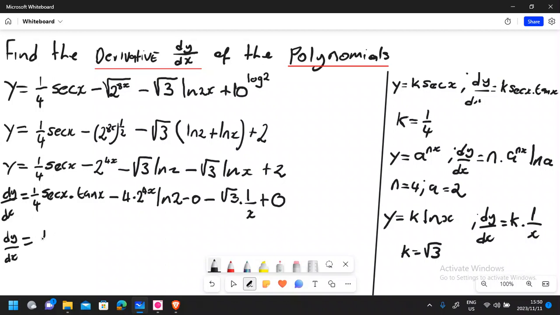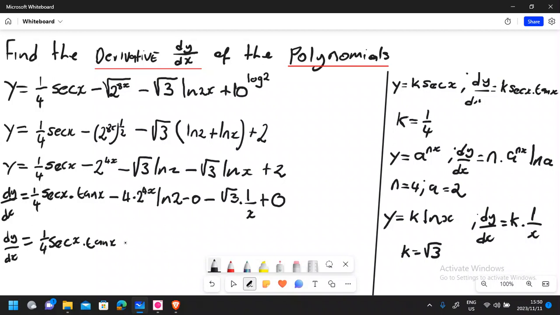1 over 4 sec, this one already is fine, guys, sec x multiplied by tan x. All right, so this one here, it's also fine like this, guys. Don't be tempted to multiply this 4 with this 2. This 2 has the power of 4x.